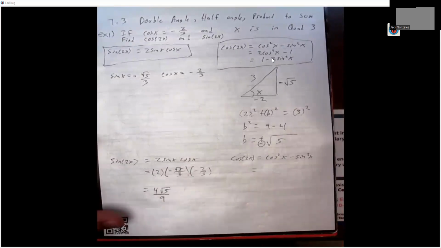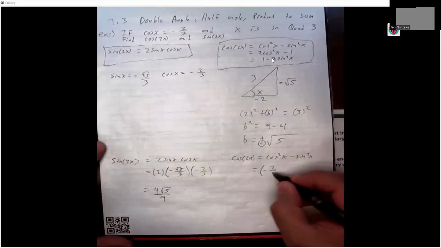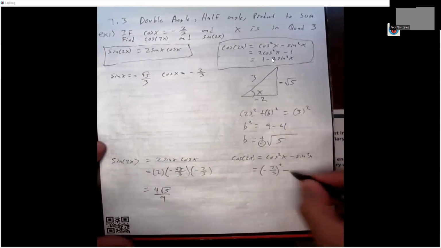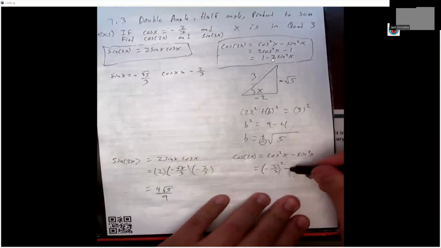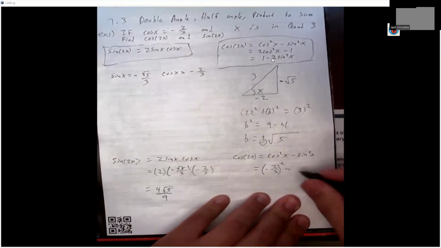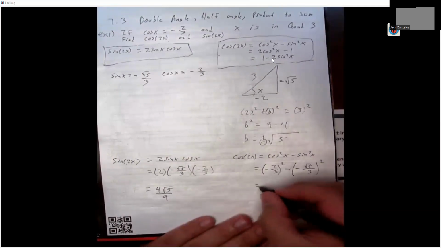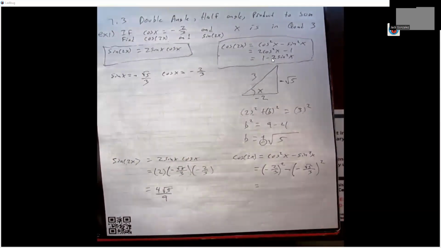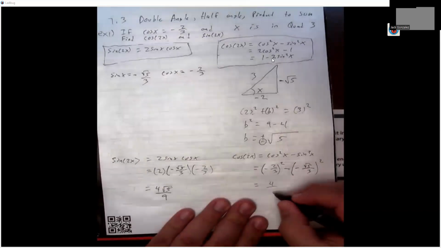So that will be this guy squared minus the square root of this guy squared, and that'll give us a 4/9.